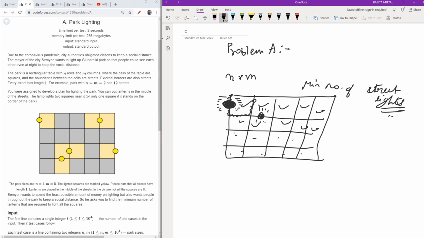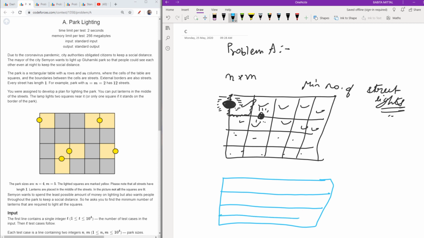So for the optimal answer, let's take a bigger example, the same example of 4 cross 5, with columns 1 2 3 4 5. Let's think how we can use the minimum.